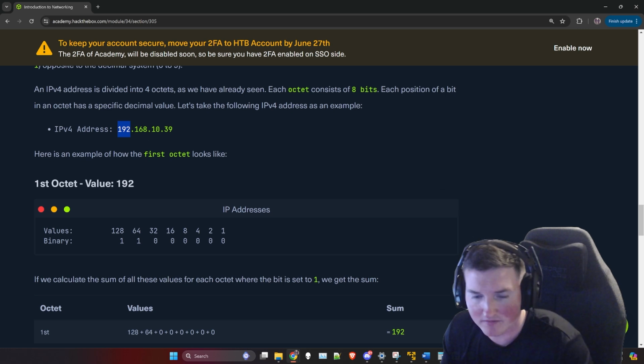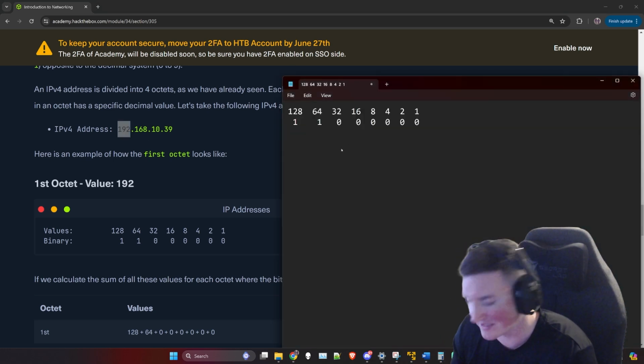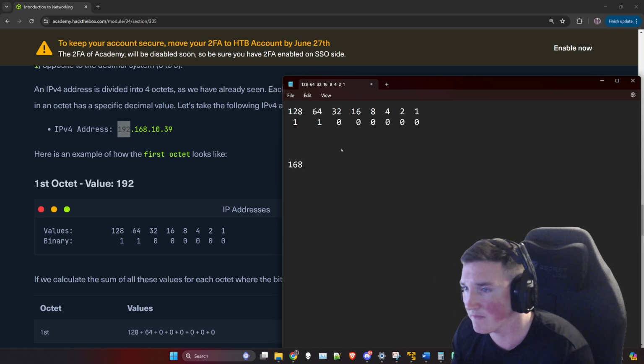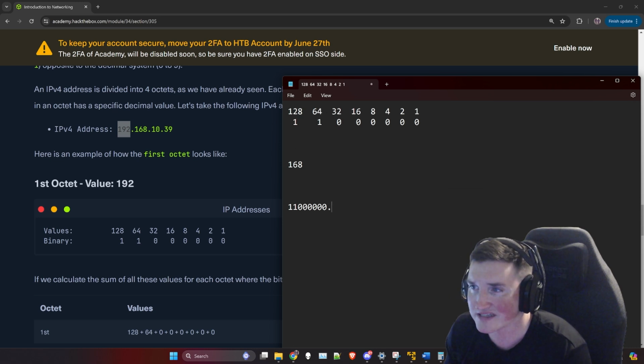So we could, and we're going to, go through and say, okay, well, what about 168? Okay, so right now, this is what our binary IP address looks like. One, 2, 3, 4, 5, 6, 7, 8, right? So now we'll do 168. So 168 goes into 128, right?